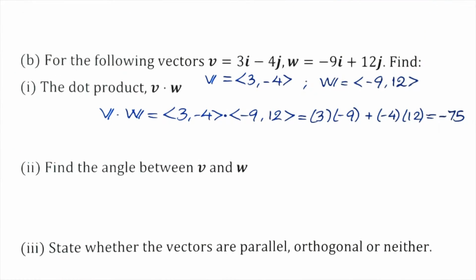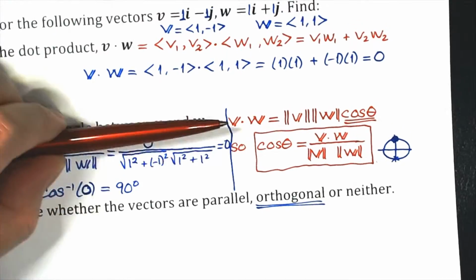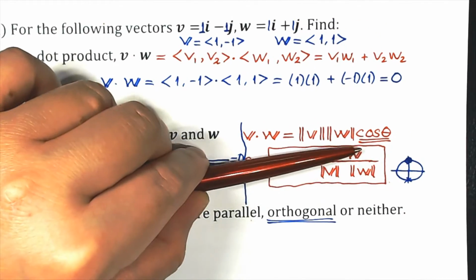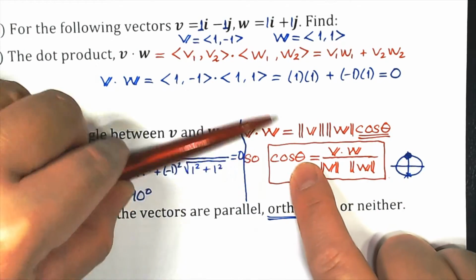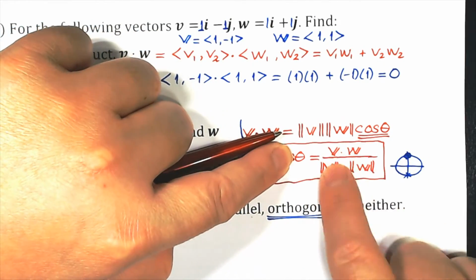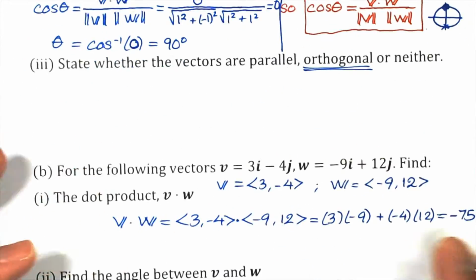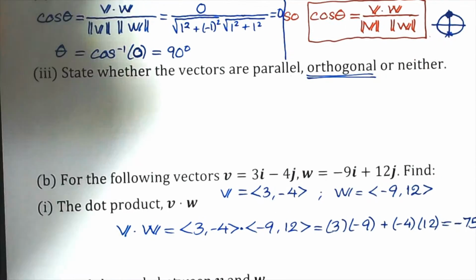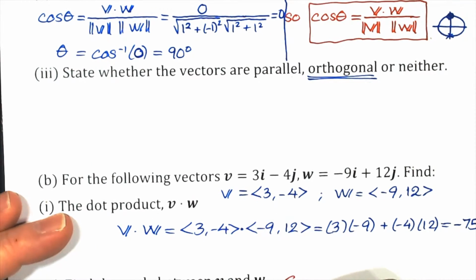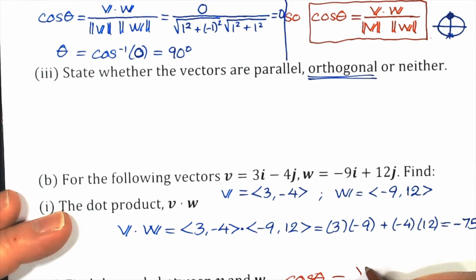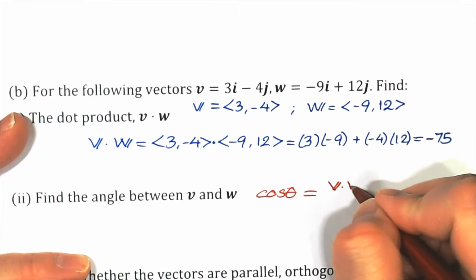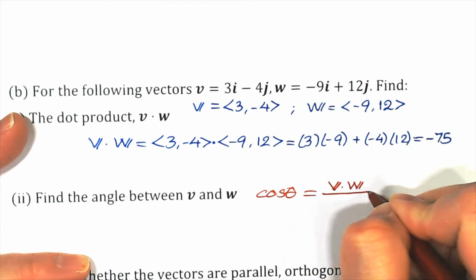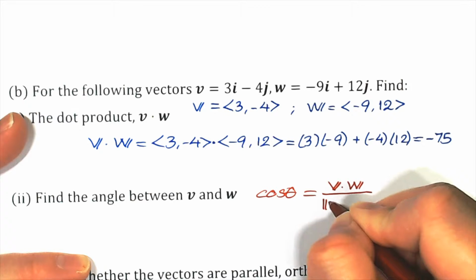Next we find the angle between two vectors. Again, the dot product gives us that, and so the angle between two vectors is cosine inverse of this ratio. Anyway, I still write cosine of theta equal to the dot product over the product of the magnitudes.